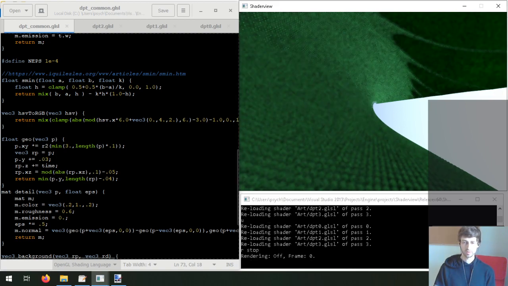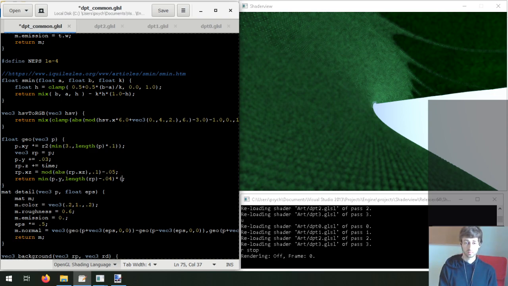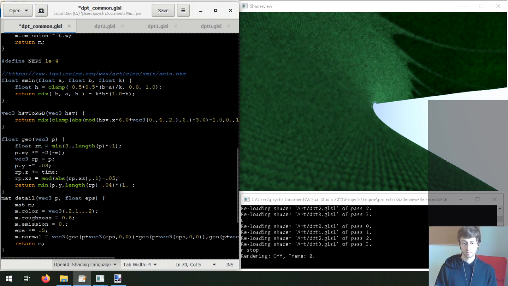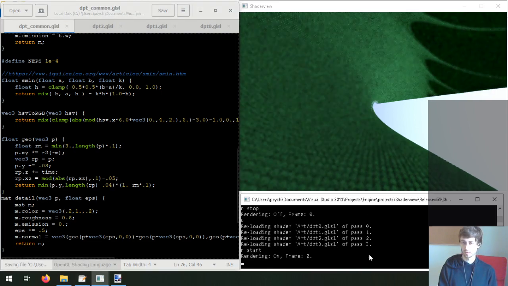Alright, now I want to try and fix that up there. So what I'm going to do is lower the distance function as it gets higher up there, because that's where it deforms more.